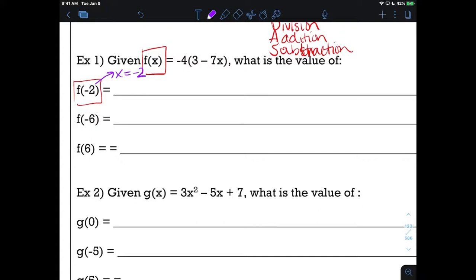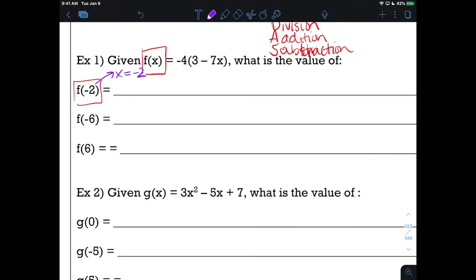So that way we can find the point that it would exist on the graph. I want you to also be cognizant of the fact that f of x, g of x, h of x, j of x, anything that they name them, that's just a fancy name for y. Same exact thing. So the values that we're going to be getting, these f of -2, f of -6, these are going to be my range.